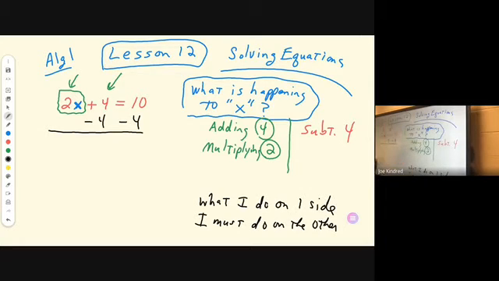And so that's why you'll see minus 4 minus 4. What does that give us? Well, it gives us the 2x and 10 minus 4 is 6.